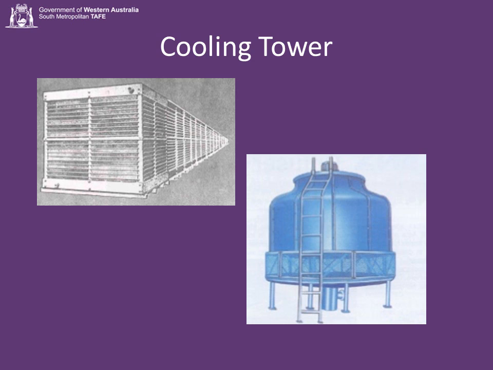We send hot water to it, which is the heat, and that hot water is cooled in the cooling tower and becomes cooler water. The cooling tower works exactly the same as the evaporative cooler I was talking about before. Basically, water evaporates from it, and as that water evaporates, it sucks in energy from its surroundings. In other words, it cools its surroundings in order to achieve the latent heat of evaporation.